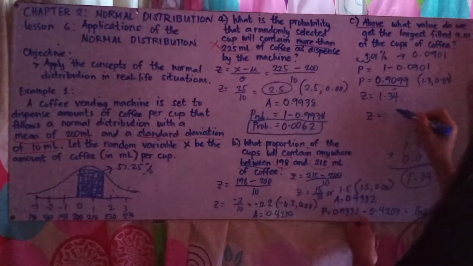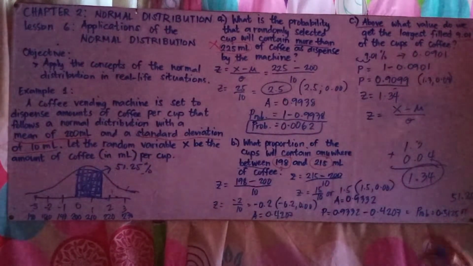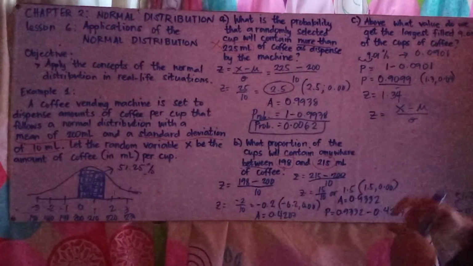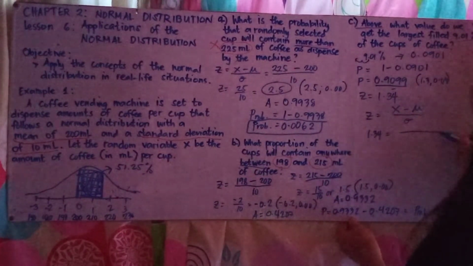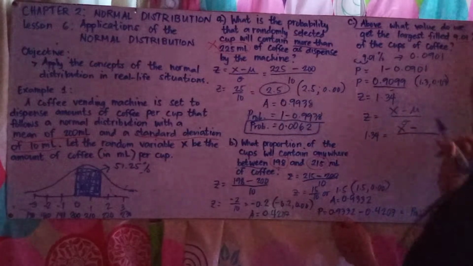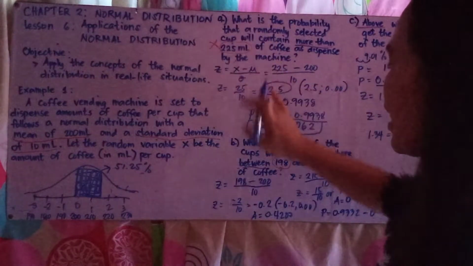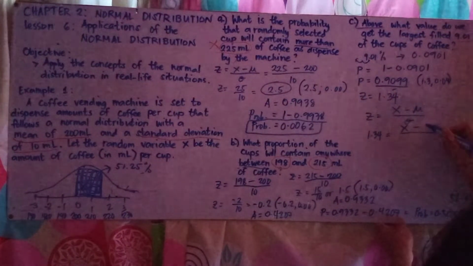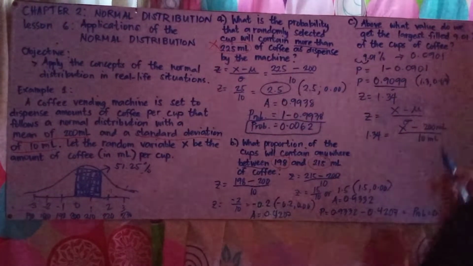So, z equals x minus mean over standard deviation. Since the z we computed is 1.34 equals, the x is not given, so copy x, minus the mean given here, 200 ml. This letter A, letter B, letter C is anchored to the main problem, where the mean is 200 ml and the standard deviation is 10 ml.